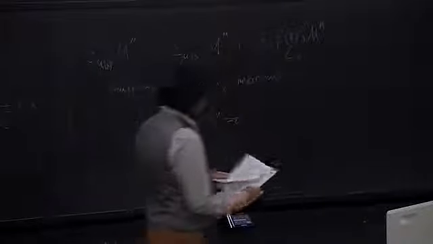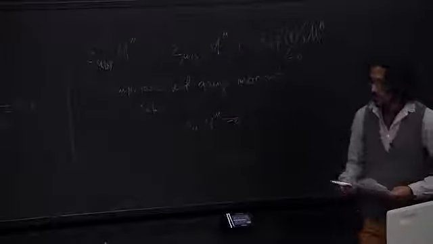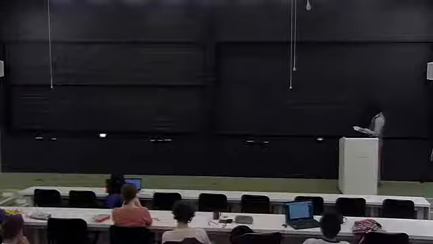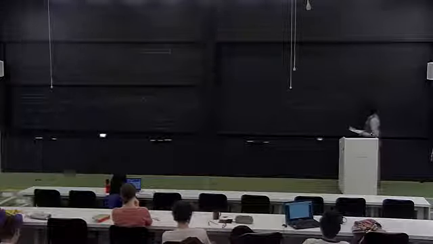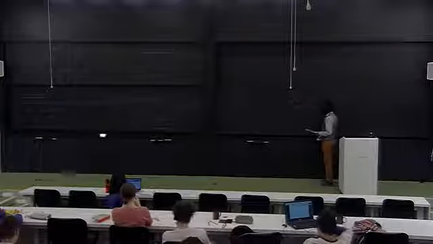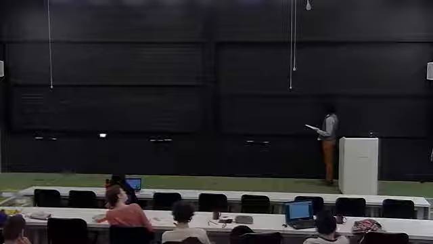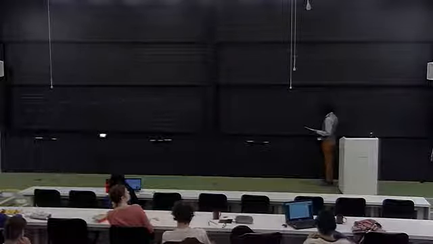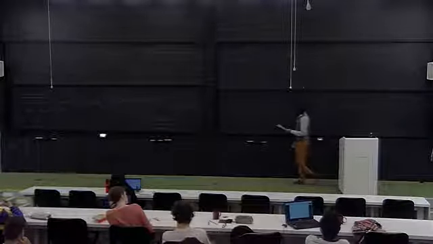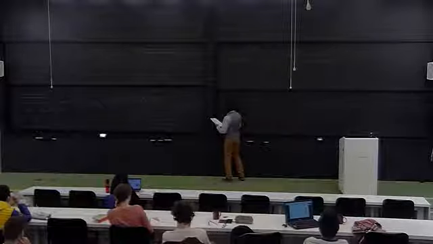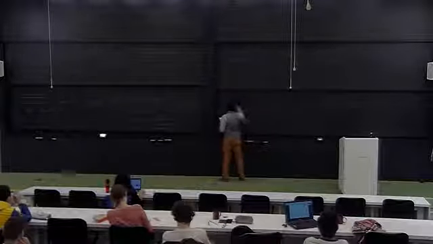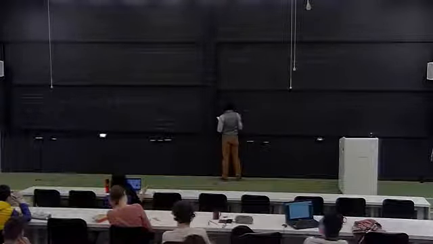As our last example, as an application of some of these ideas, let us do an example of Compton scattering. So Compton scattering is the process in which a photon and an electron scatter.